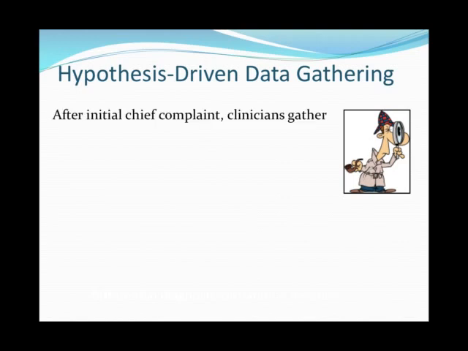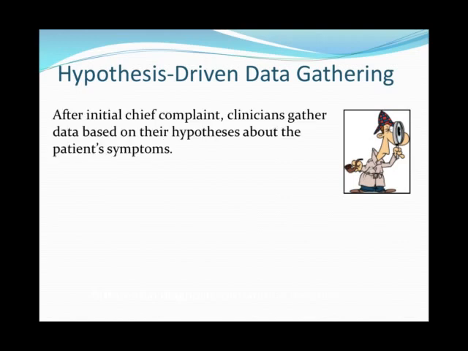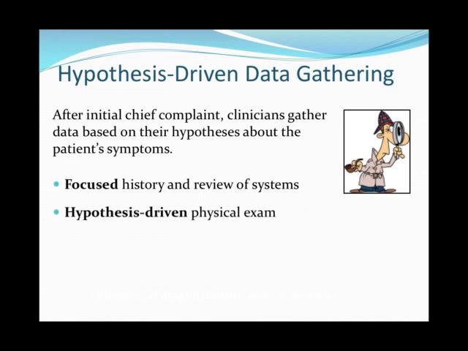And so when we're gathering our hypotheses, we get the chief complaint, say it's fatigue, something like that. We gather all our information based on our hypotheses about the patient's symptoms. So maybe we ask a few general questions, but from there we start having an idea of, oh, okay, I want to make sure this is not diabetes or cancer or whatever.